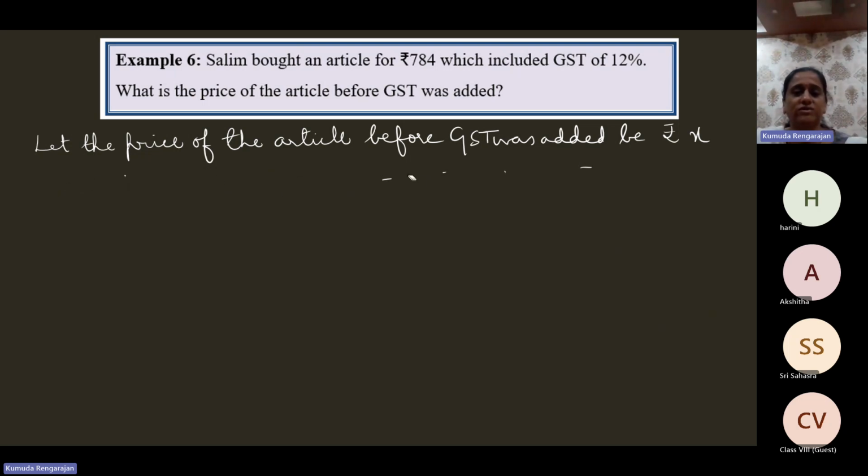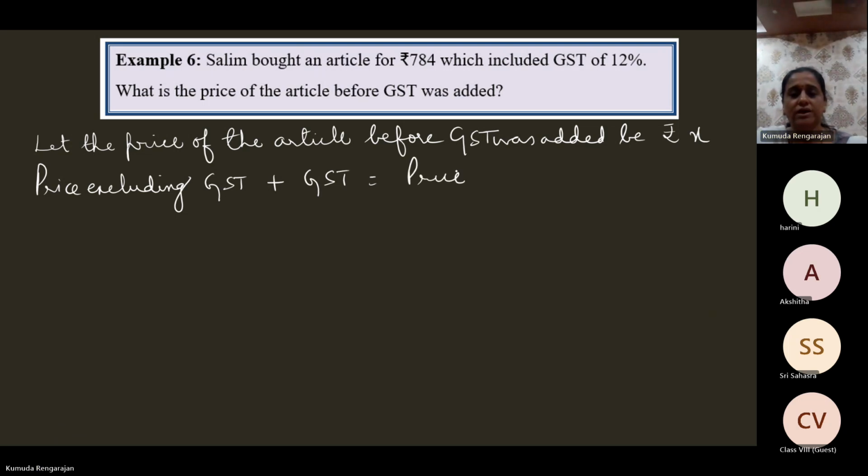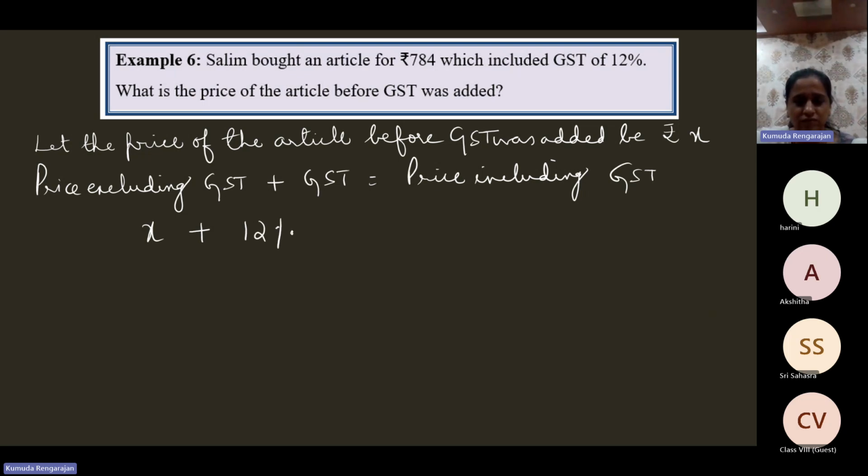Price excluding GST plus GST is equal to price including GST. Price without GST, X, plus GST, which is 12% of X, is equal to the price including GST, 784.